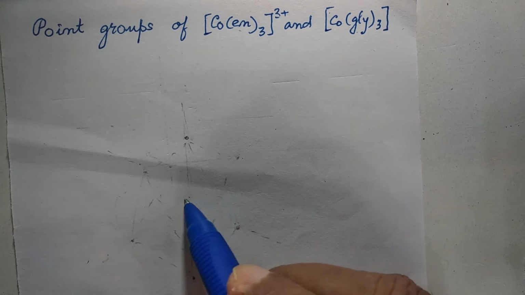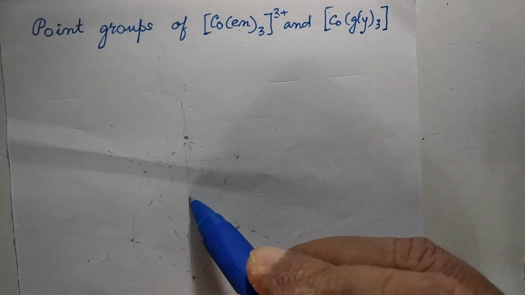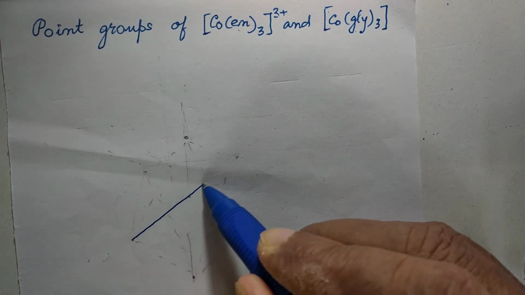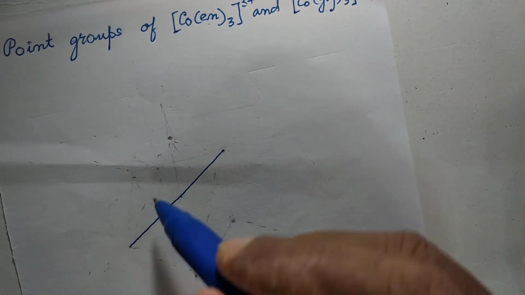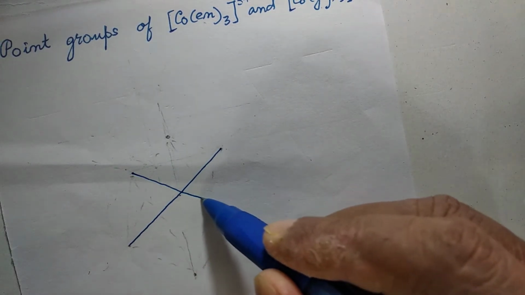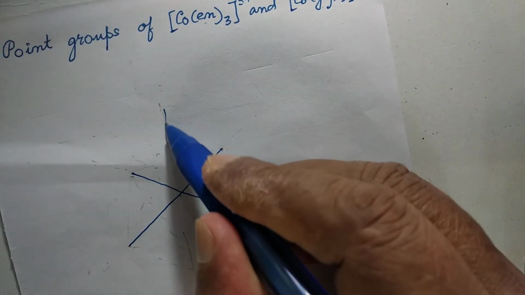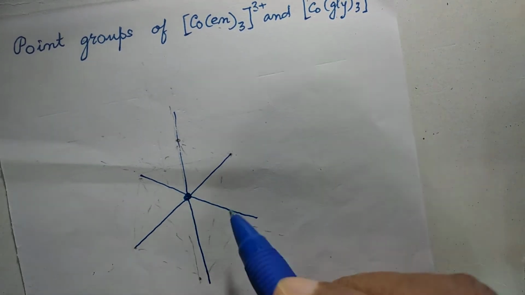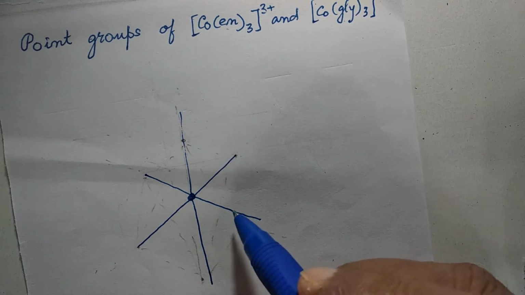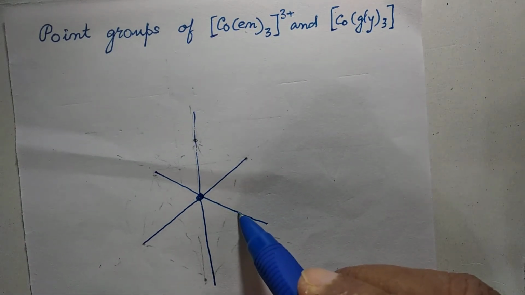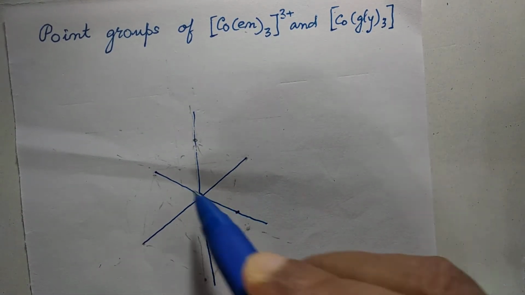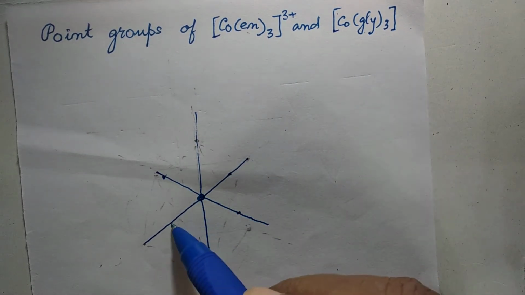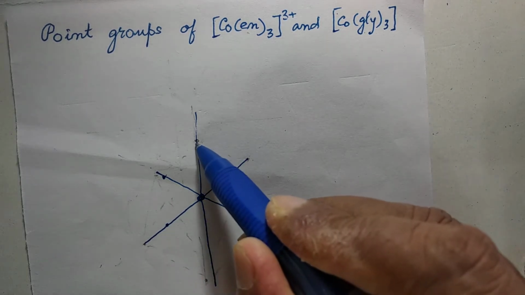Suppose the metal ion is situated at the origin of a coordinate system. This is the x-axis, this is the y-axis, and this is the z-axis. The metal ion is situated here, and ligands, that is donor atoms, are situated on both sides of the coordinate axis at equal distances from the origin.